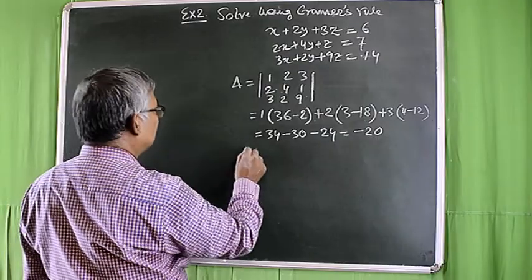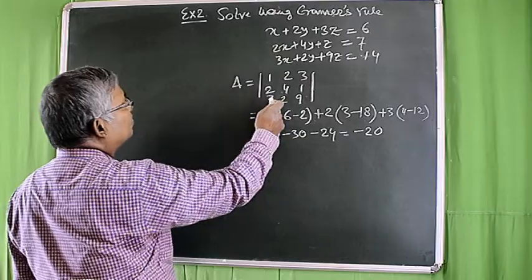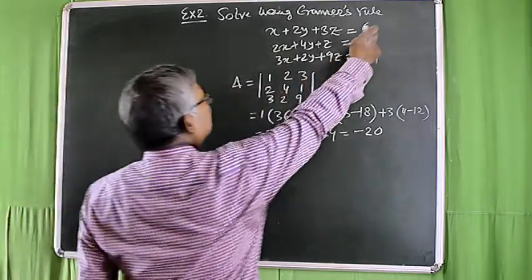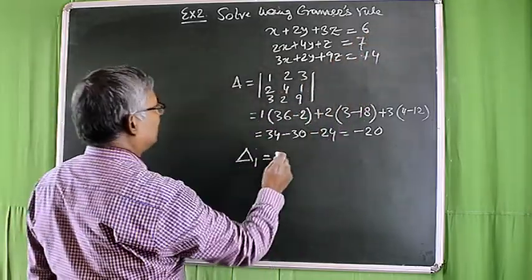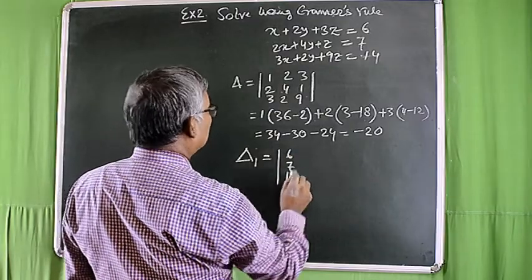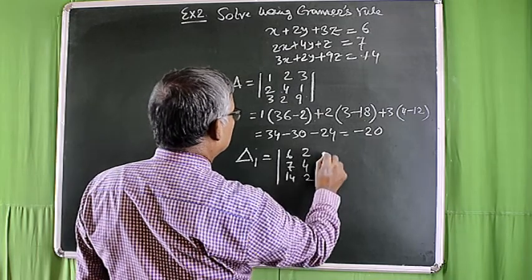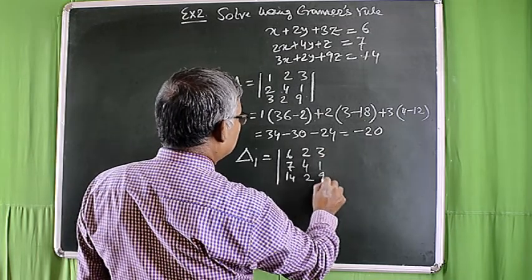Now let us find del 1, that is replacing the first column by the numbers 6, 7, 14. So it is 6, 7, 14, 2, 4, 2, 3, 1, 9.